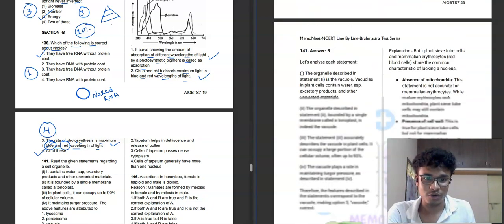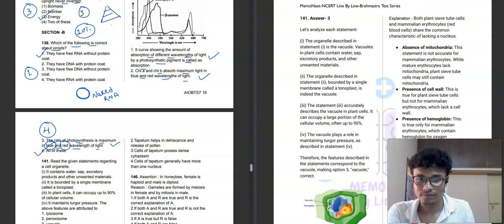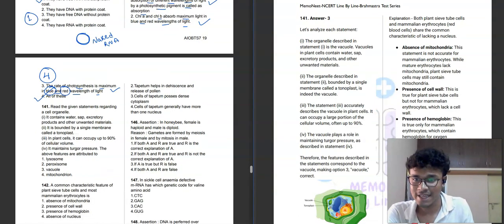Moving towards the next question, 141. It's saying, read the given statements regarding a cell organelle. First statement: it contains water, sap, excretory products and other unwanted materials. This is for the vacuole. Vacuole in plant cell contains water, sap, excretory products and other unwanted materials. Second, it is bounded by a single membrane called tonoplast.